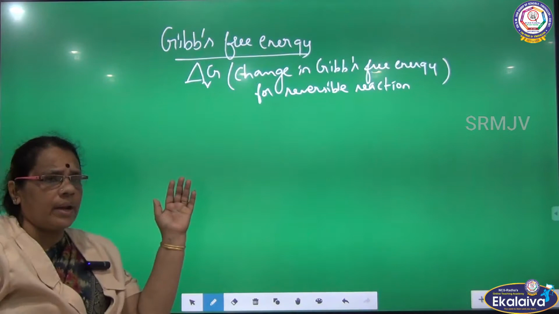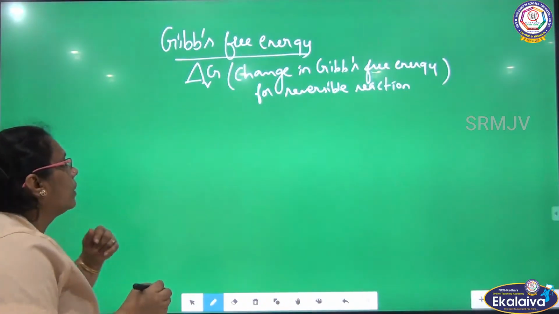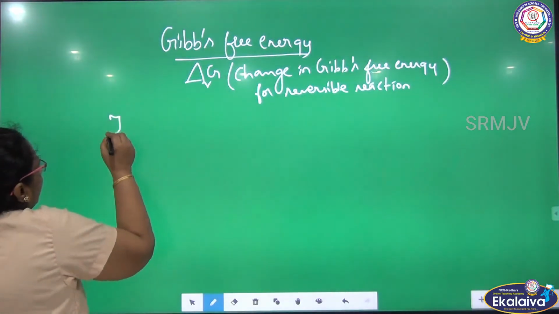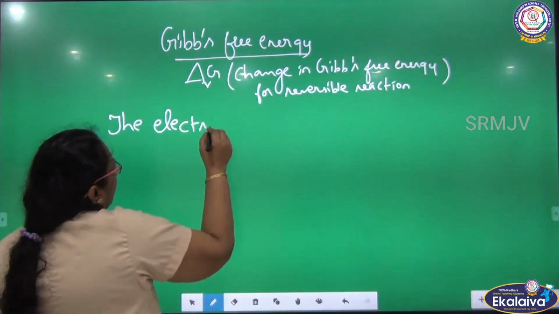We are going to compare the Gibbs free energy and the EMF of the cell, that is the cell potential. We are going to see what it actually is, the electrical work done in 1 second. How will you calculate the work done?